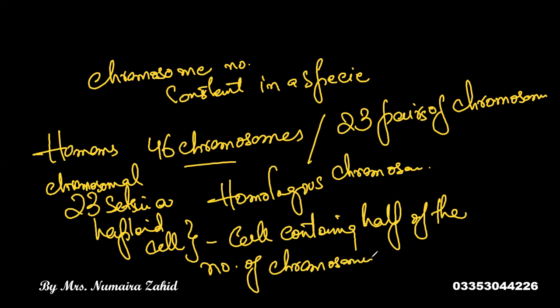Okay. So chromosomes are constant in number in a species. Humans have in total 46 chromosomes, and we have two sets of 23 chromosomes. These make up 46 chromosomes, because each chromosome is present in the form of a homologous pair. Means each chromosome has its pair with the same kind of chromosome.